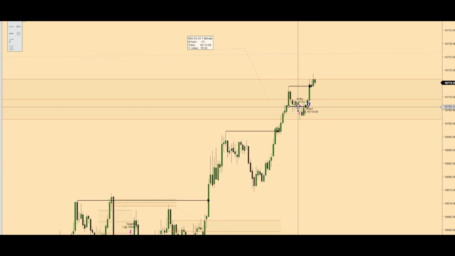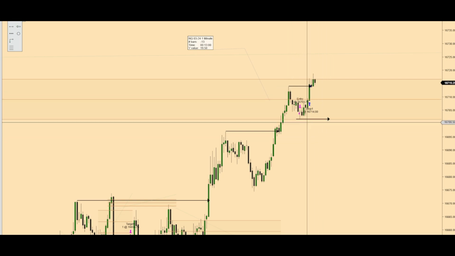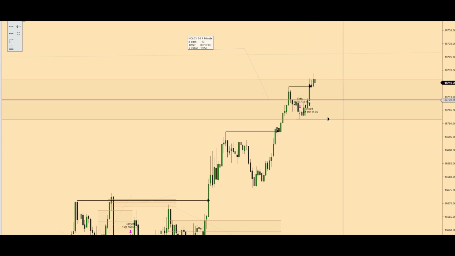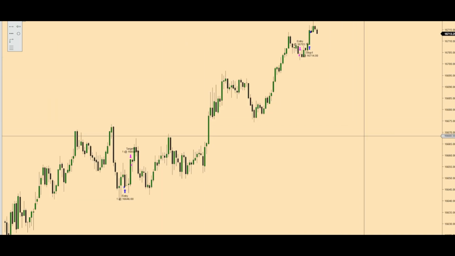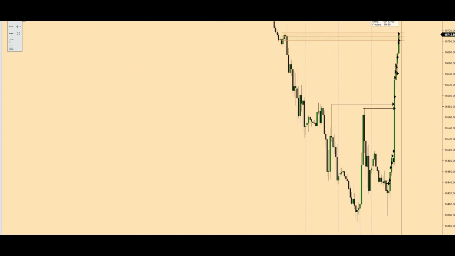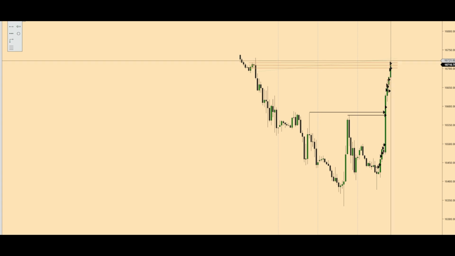And so that was candlestick structure. This is a valid pullback, so this is a protected low. If we violate this, I'll look to come back into this range. But looks like we're headed up pretty strongly.